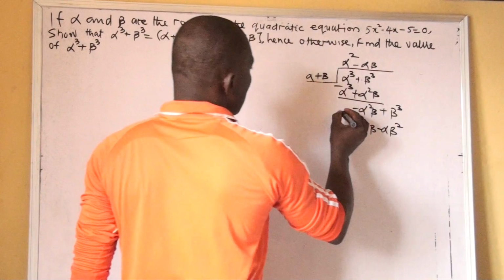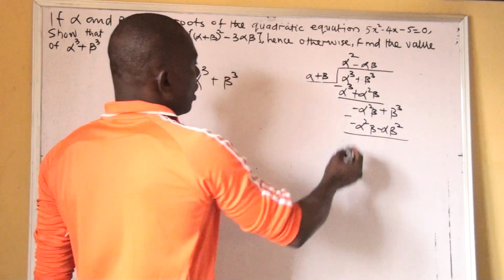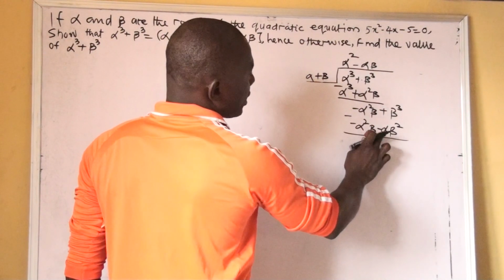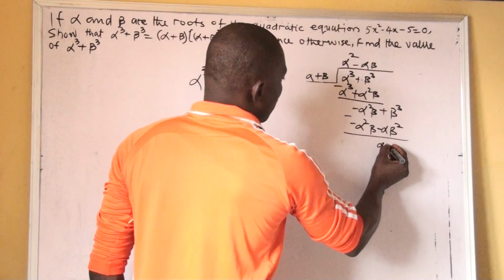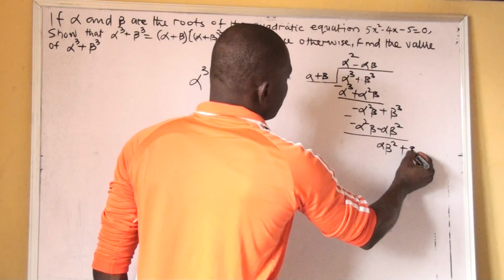Then the next step is for us to subtract again, and once we do that, this is off, and this minus will affect minus alpha beta, and it becomes alpha beta square. We bring down beta cube.